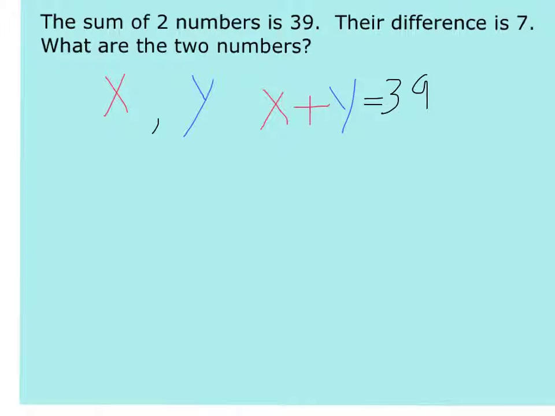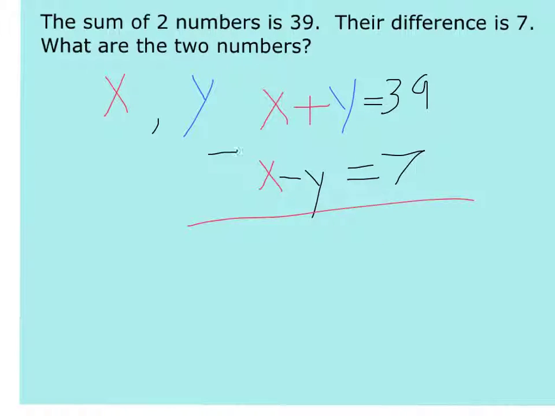So I really don't know which one's bigger, but I'm just going to do x minus y equals 7. All right? If I look at this system of equations, it looks like it's ready for elimination because I have a positive y and a negative y.